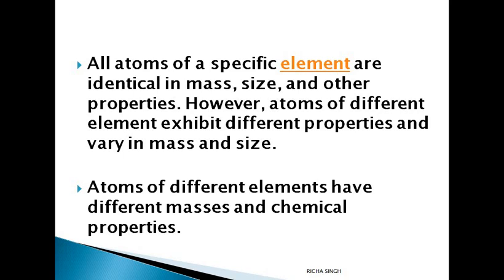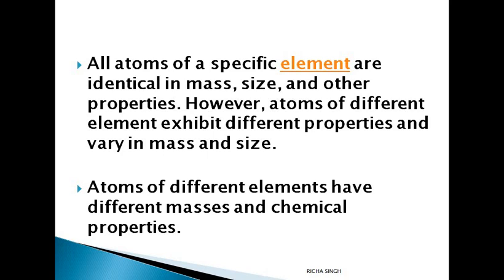If we talk about the hydrogen atom, all the atoms of hydrogen have the same mass, the same size and they will exhibit the same properties. If we compare with some other element like helium, oxygen, nitrogen, then the physical and chemical properties will be different, the mass will be different and the size will be different.